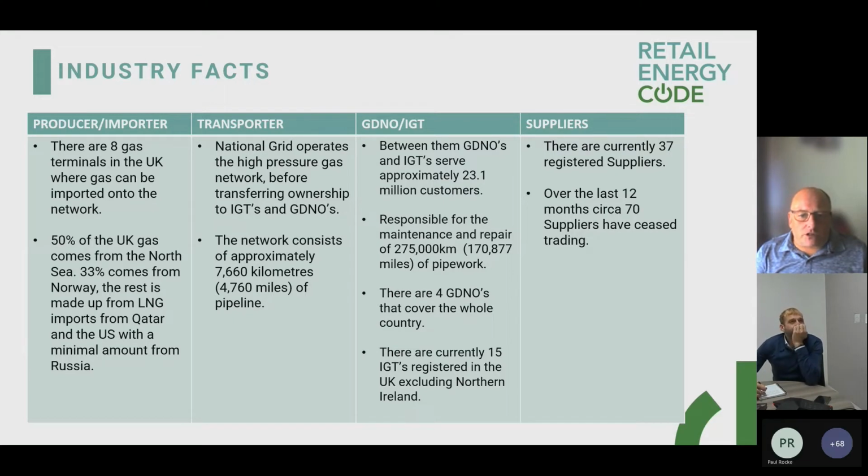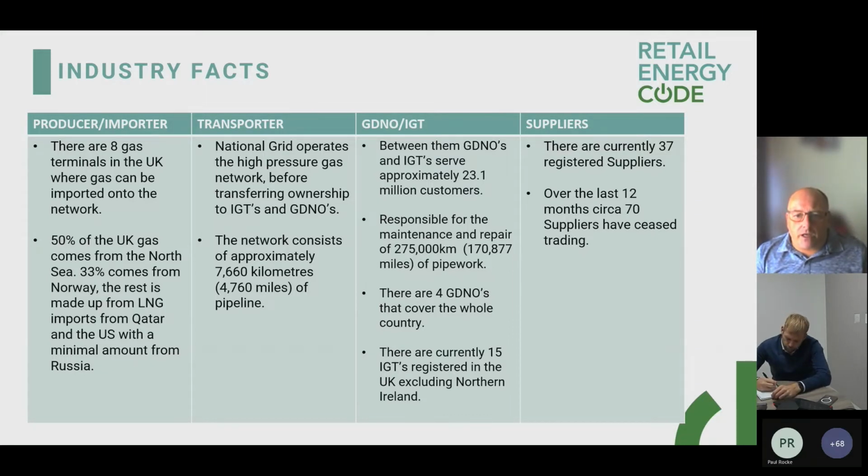That network consists of approximately 7,660 kilometres of pipeline, so 4,760 miles of pipeline throughout the UK, much of which is buried. There are some areas where it's overground, but much of that pipeline is buried. So you can imagine the work and the size of these things that are having to transmit the volumes of gas.